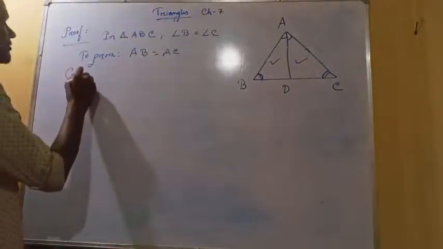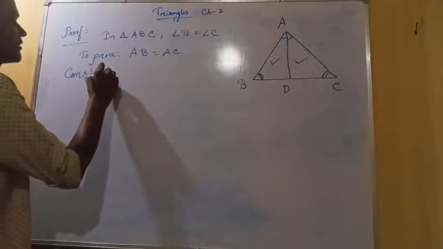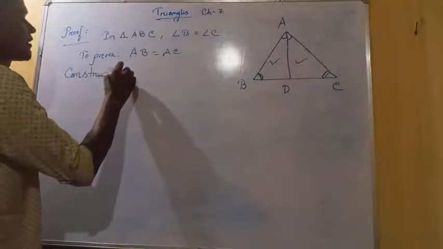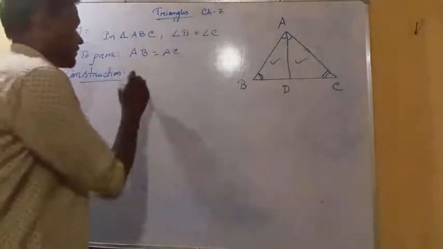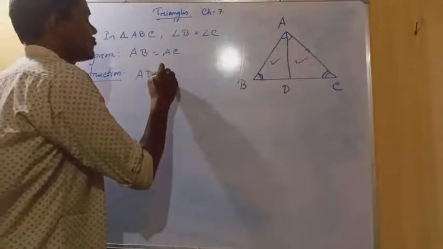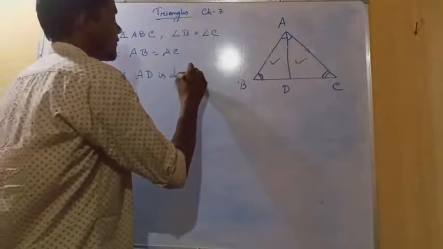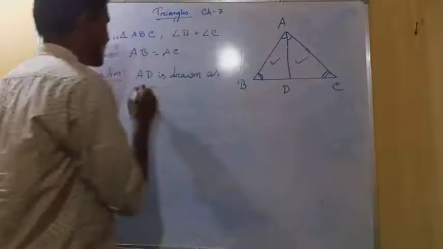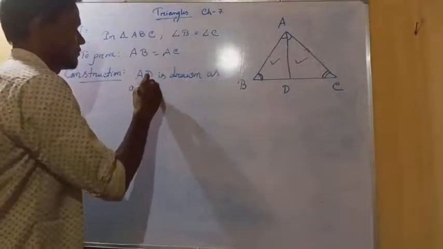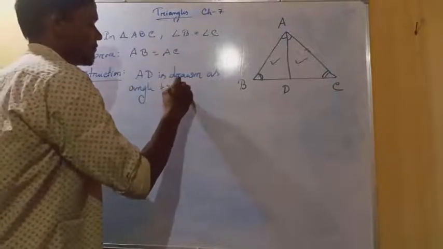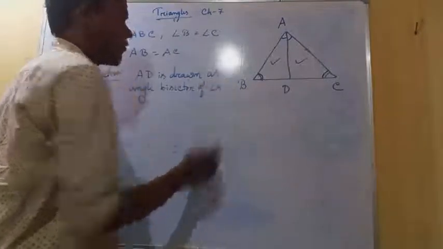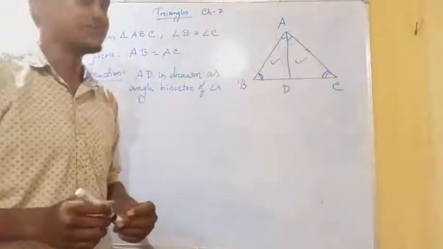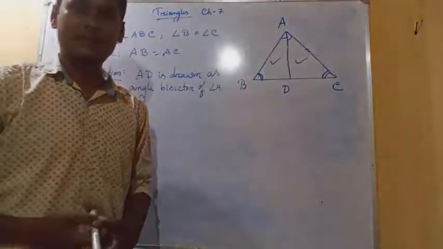Construction, as we did in the previous case also. AD is drawn as the angle bisector of angle A. I hope all of you are clear about the angle bisector, as I discussed in the last class itself.